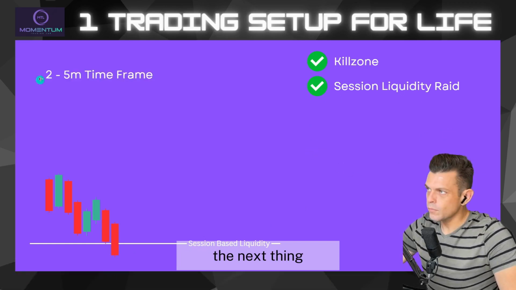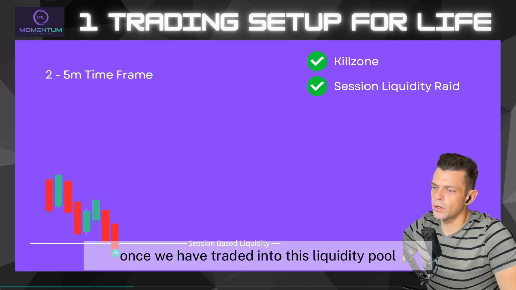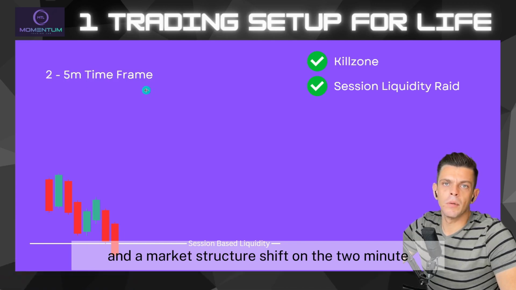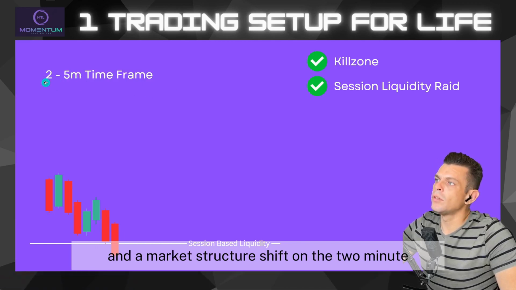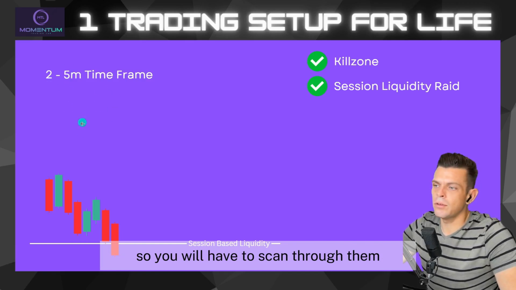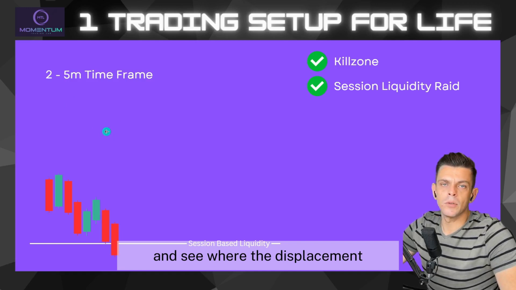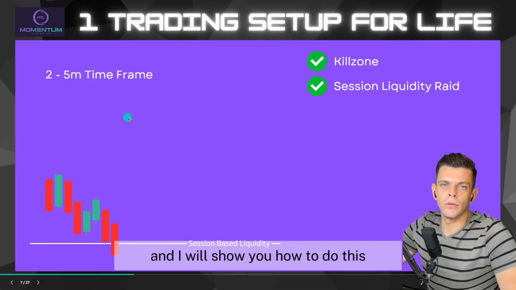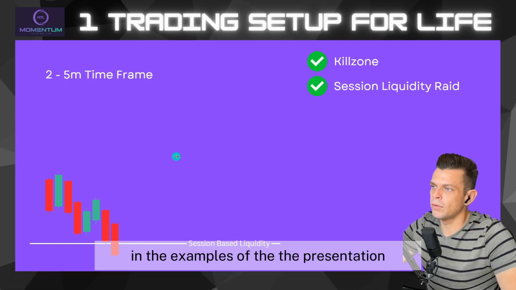The next thing, once we have traded into this liquidity pool, then we are going to look for displacement and a market structure shift on the 2-minute, the 3-minute, the 4-minute, or the 5-minute time frames. So you will have to scan through them and see where the displacement and the market structure shift is obvious. And I will show you how to do this in the examples after the presentation.